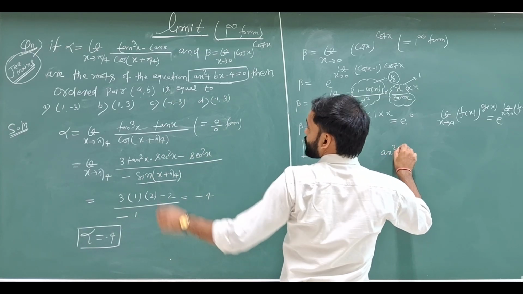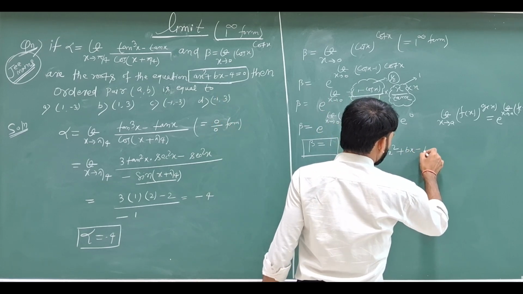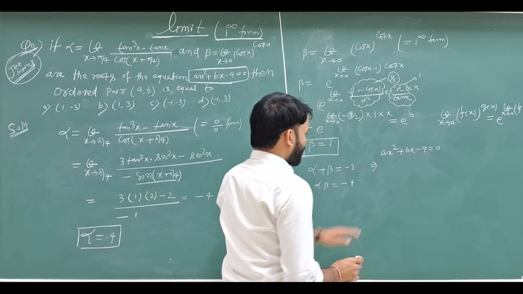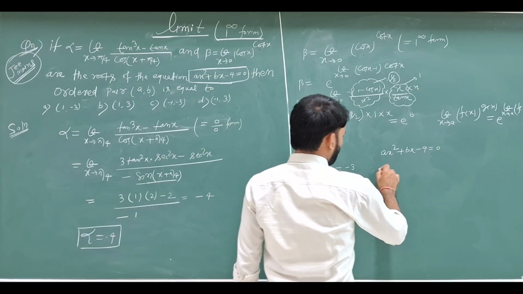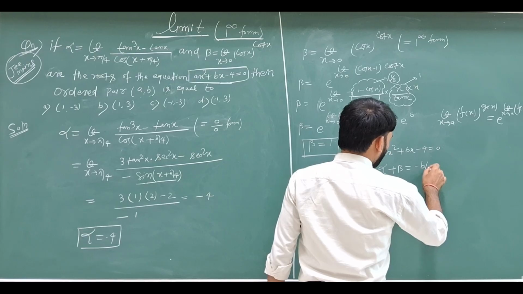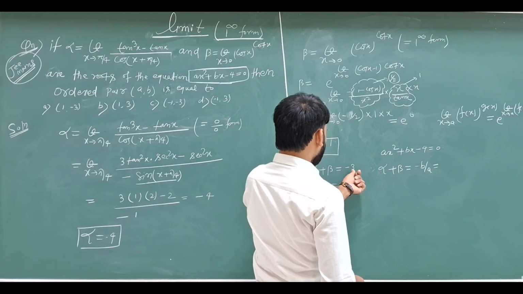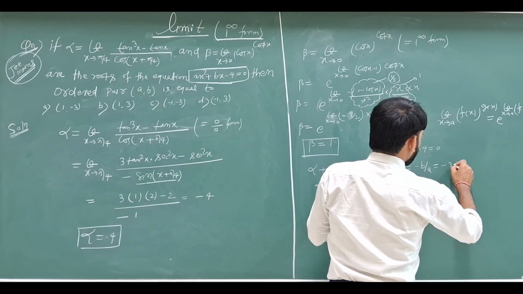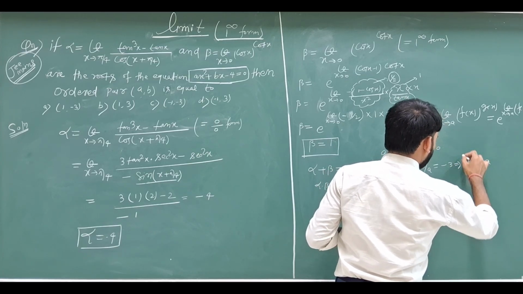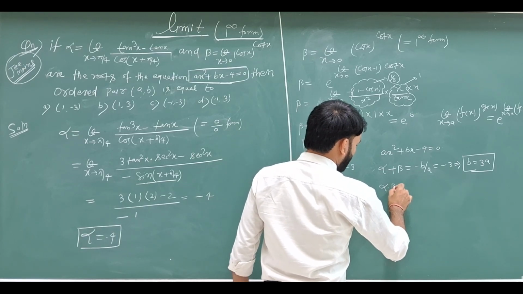And the quantity is given by ax square plus bx minus 4 is equal to 0. So you can use alpha plus beta. Sum of roots is minus b upon a, and this quantity goes to minus 3. It implies b is equal to 3a. And similarly you can take the product of roots.